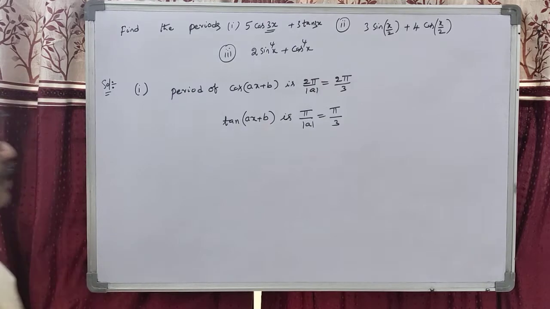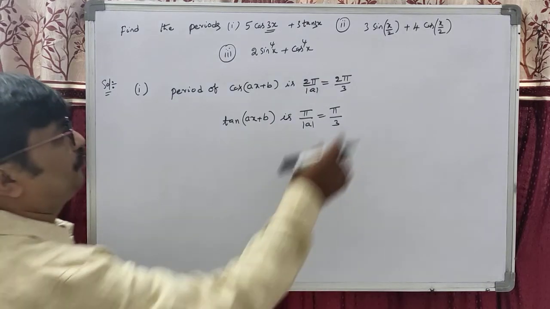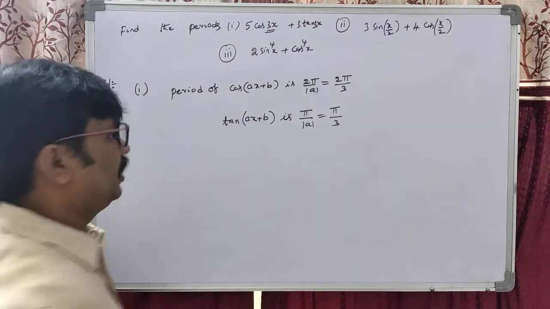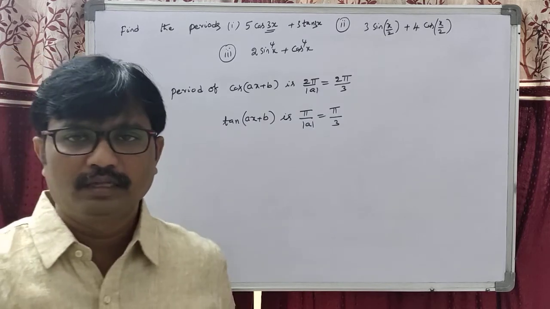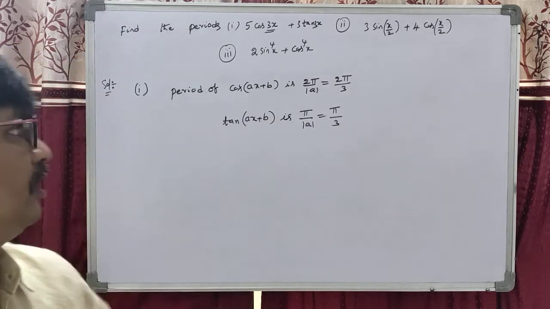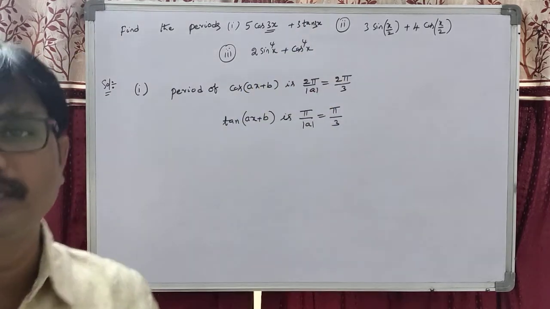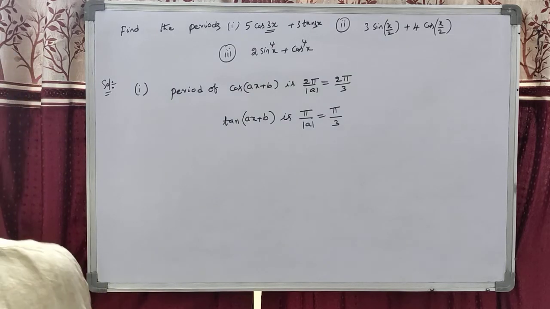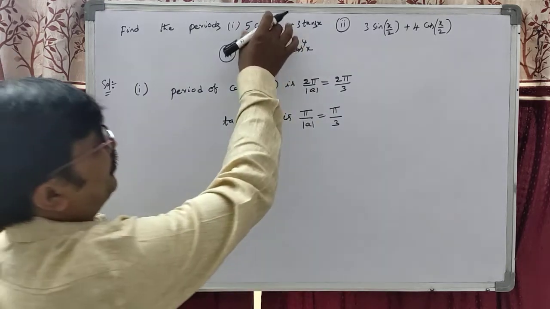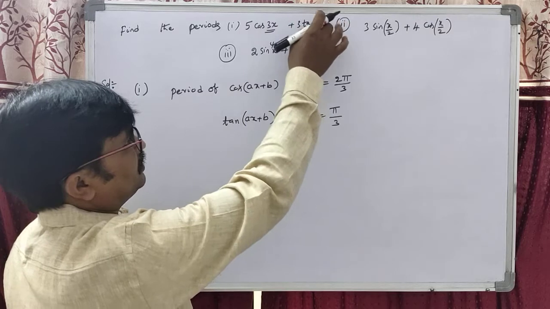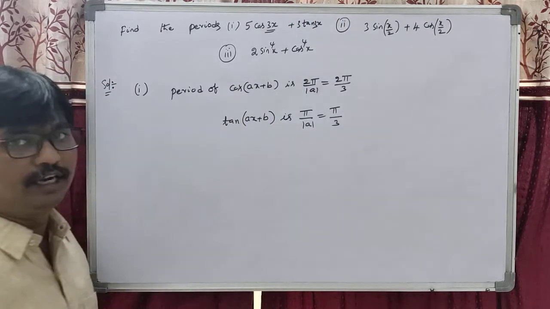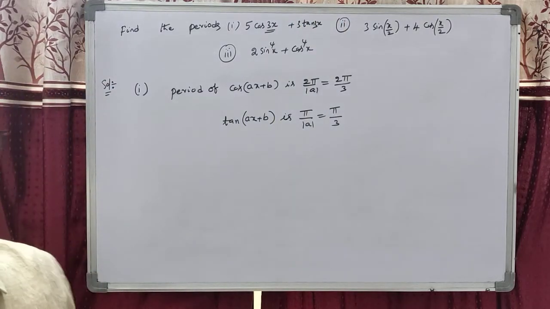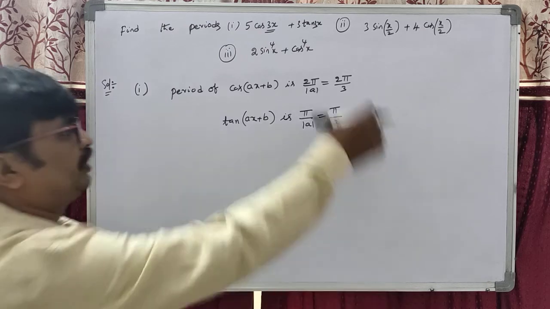Okay, students. Now the LCM of 2 pi by 3 and pi by 3. Already we discussed that for any two trigonometric functions with an algebraic sign between them, this is f of x, this is f1 of x, this is f2 of x. Undoubtedly, we have to take the period as the LCM of these periods.